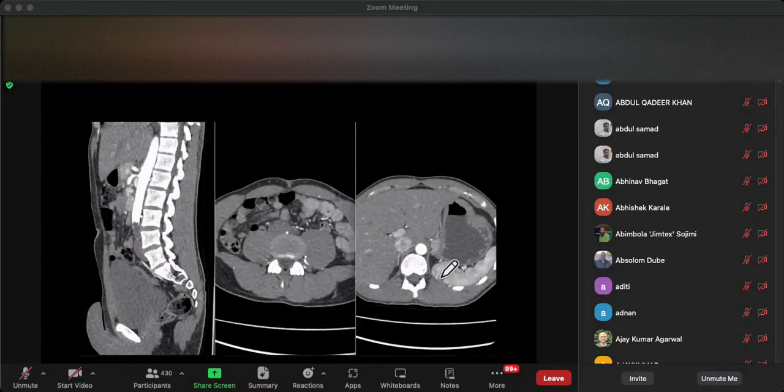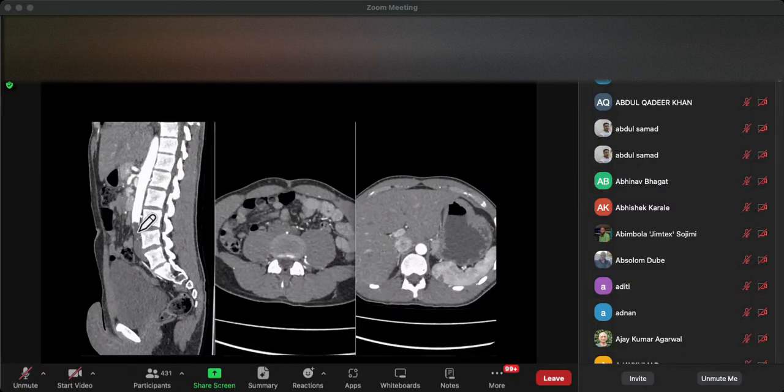Now, can you see that there is possibly a small infarct in the spleen? Now, I say possibly because, of course, this is an arterial phase. And if it's an arterial phase, you may not get the full definition. This could actually be sinusoidal filling. But this patient has got an infarct of the spleen, a thrombus in the aorta.